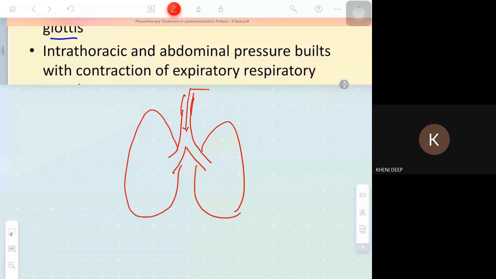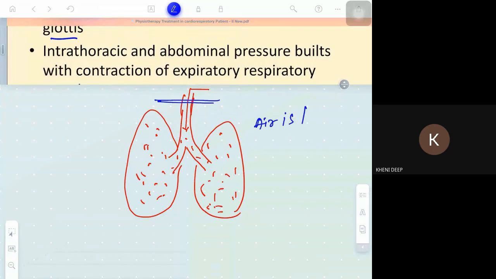After deep inspiration, what happened? Air has entered into the lung. Then what is the next phase? The glottis is closed. Now what happened? Air is trapped. Clear? Now the compression phase begins.